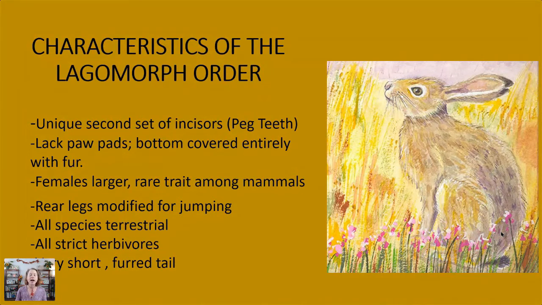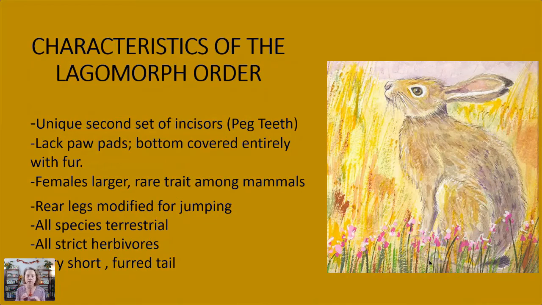So anyway, rabbits belong to a scientific, taxonomic order called the lagomorphs. And what's unique about them is they have this second set of incisor teeth behind the first ones. They're called peg teeth. Their paws are completely furry. They're not like your cat or dog that has the skin at the bottom that's kind of hardened to walk on surfaces.